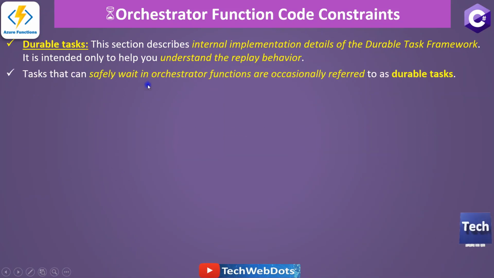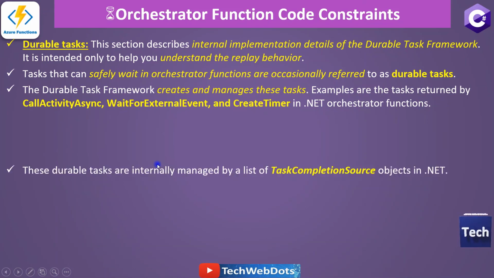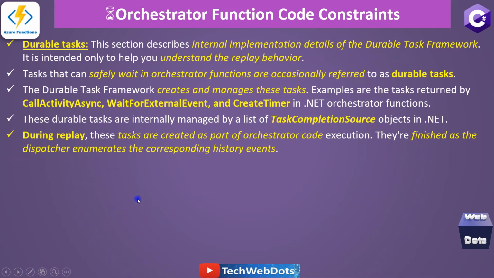Tasks that can safely wait in an orchestrator function are occasionally referred to as durable tasks, and the durable task framework creates and manages these tasks. Examples are tasks returned by CallActivityAsync, WaitForExternalEvent, and CreateTimer. We have used these functions in our different patterns in the .NET orchestrator function. These durable tasks are internally managed by a list of TaskCompletionSource objects in .NET.